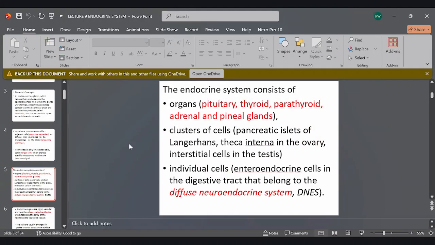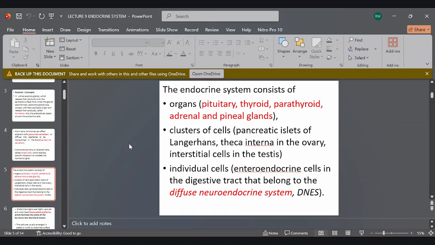Now, the endocrine system consists of, as we have already talked about, the pituitary, the thyroid, the parathyroid, the adrenal gland, the pineal gland, and also the ovaries and the testes. These are some cells within the ovaries and the testes. We also talked about the placenta during pregnancy. It is one of the endocrine glands.